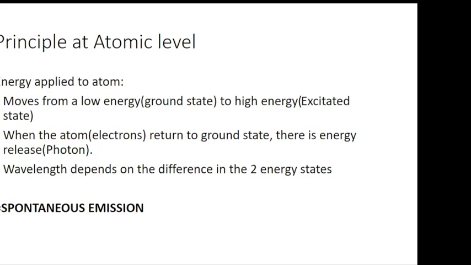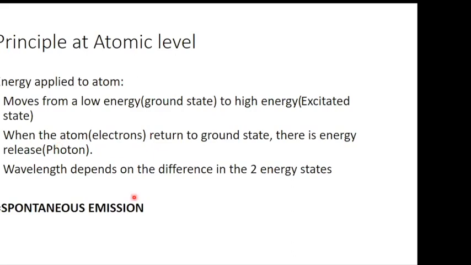So when these electrons return from an excited state, or high energy, to a state of low energy, there is a release of energy, and this energy is released in the form of photons. We know that photons are a basic unit of light. So when the electrons move from an excited state to the ground state, there's a release of photons, which is a form of energy.